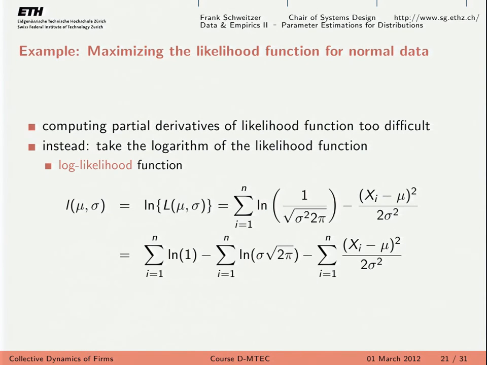I do it step by step to really show you that you do not need to get scared here. It's very easy to understand what we are doing. Everyone should be able to understand why we end up with this equation for the log likelihood function in the case of a normal distribution. Okay.